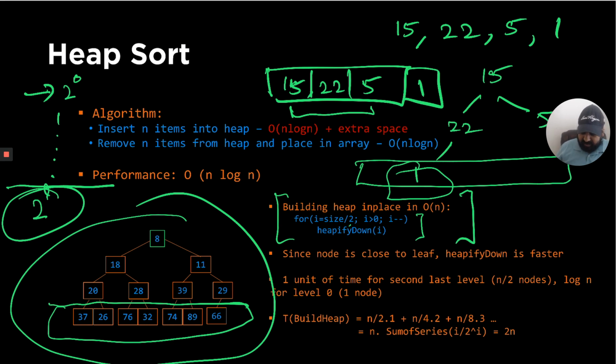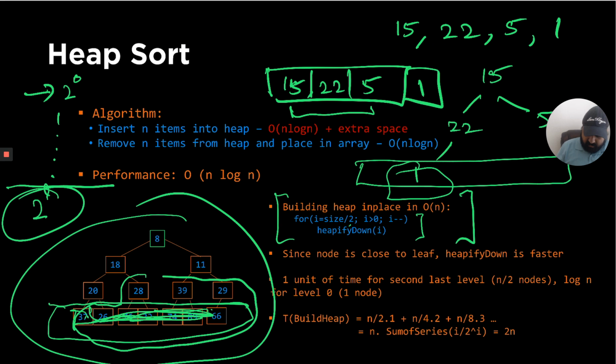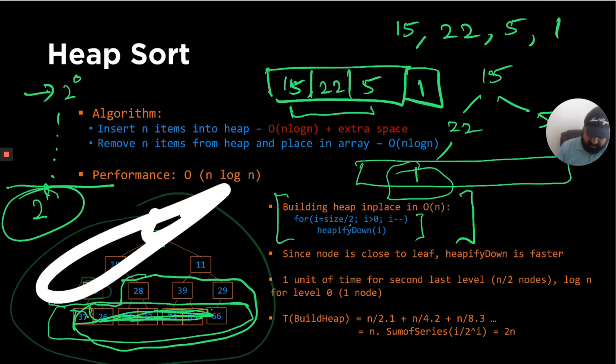This is the first thing you need to know. Even if there was just one leaf element, with size divided by 2, all of these can be skipped because all of these are leaves. Next, we are going to perform heapify down on each of our nodes. So I'm going to clean this up a little bit.